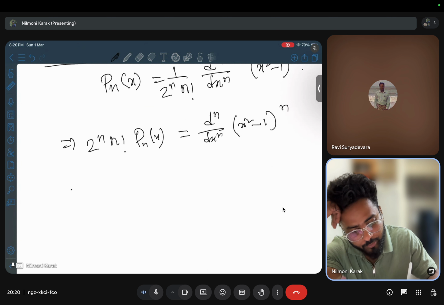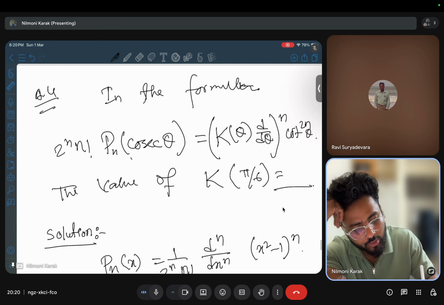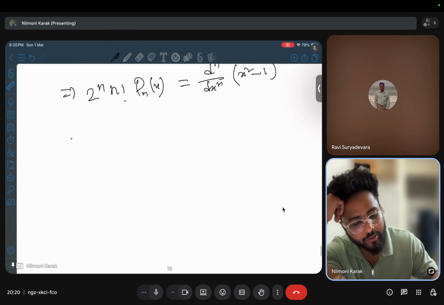One thing, we put x equals cosec theta because we have to find Pn at cosec theta.